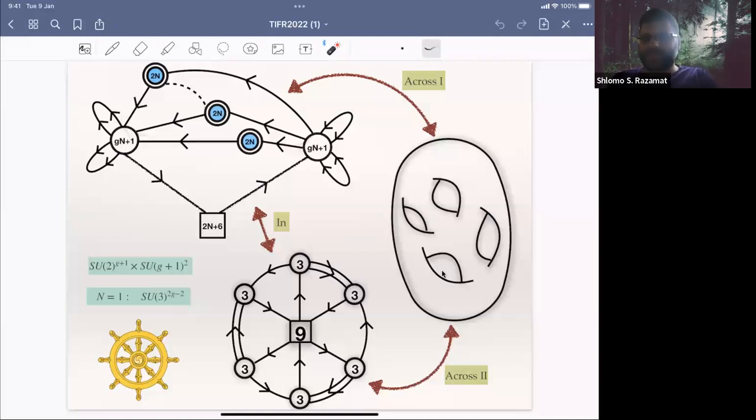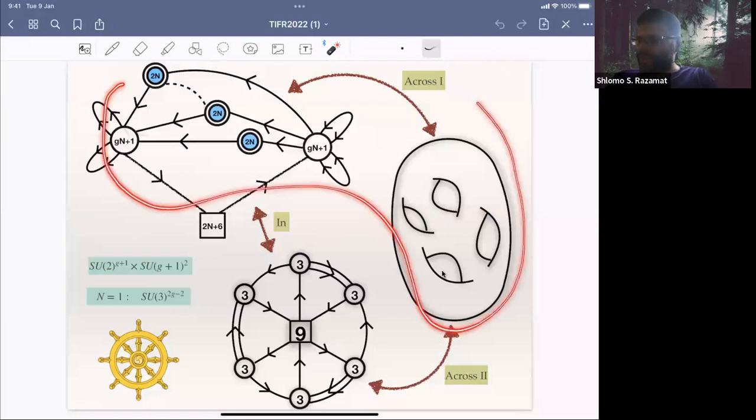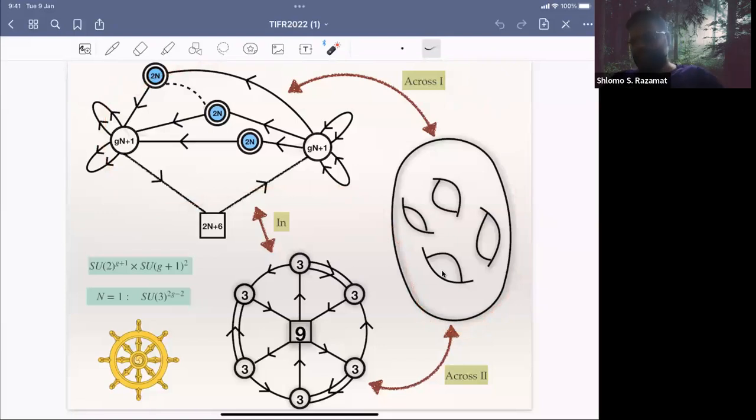Okay, good. So then we have this cross-dimensional duality, number 1. We can glue these two spheres together and obtain a theory corresponding to the surface. We can do it in many other ways. We can take not two spheres with G+1 punctures, but say many spheres with 3 punctures and glue them together.